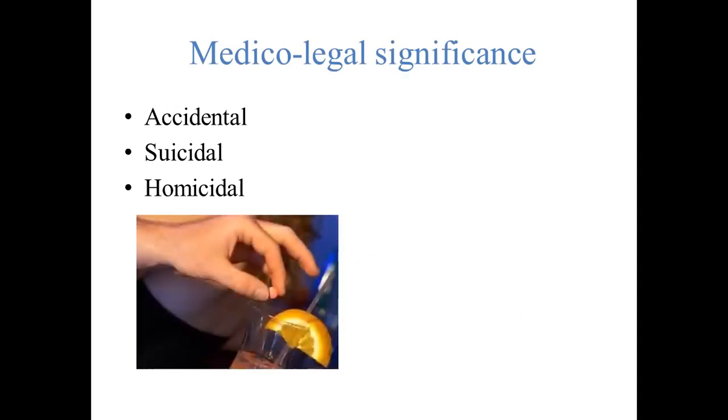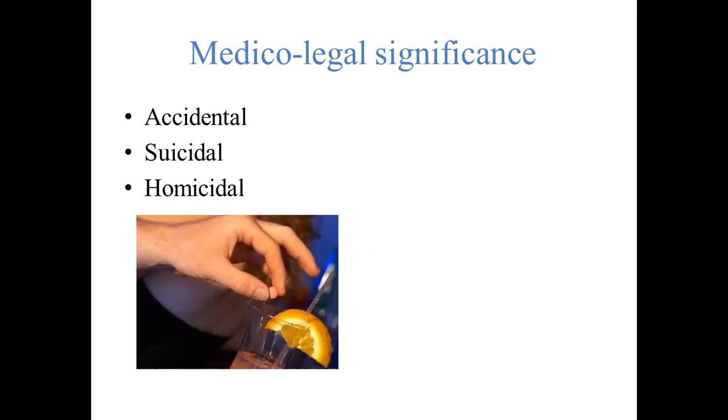So the medicolegal significance of benzodiazepine is, again, it can be accidental, it can also be suicidal, and it can also be homicidal. The other thing that you have to keep in mind when you talk about benzodiazepine is that it is something called a rape drug, which is very commonly in use.